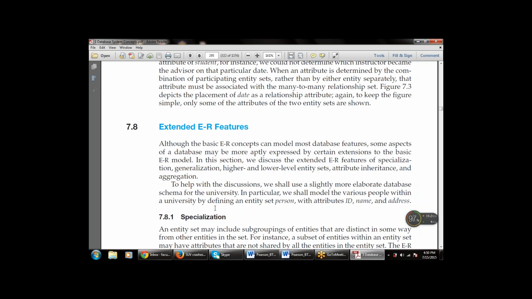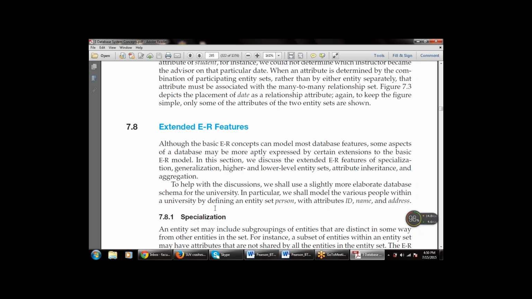In this section, we discuss the extended ER features of specialization, generalization, higher- and lower-level entity sets, attribute inheritance, and aggregation. To help with the discussion, we shall use a slightly more elaborate database schema for the university.